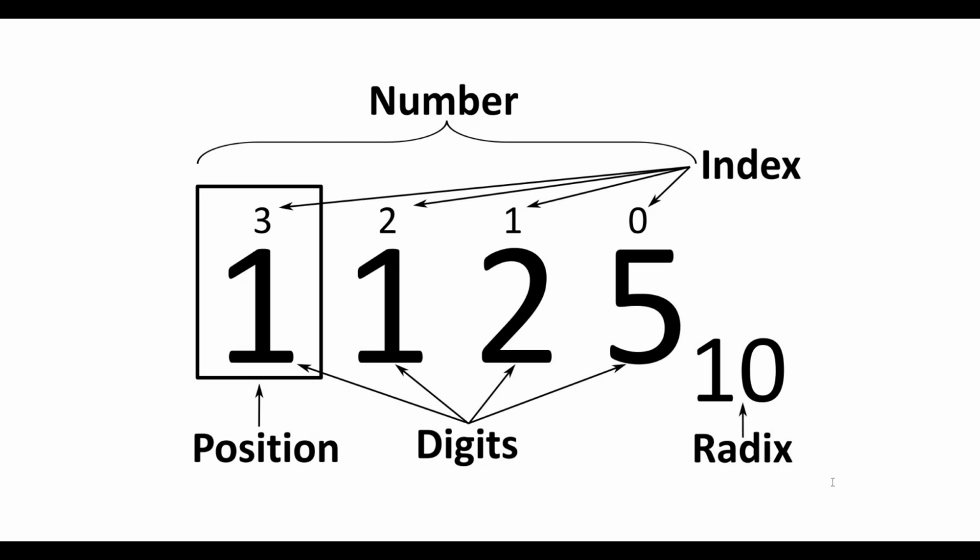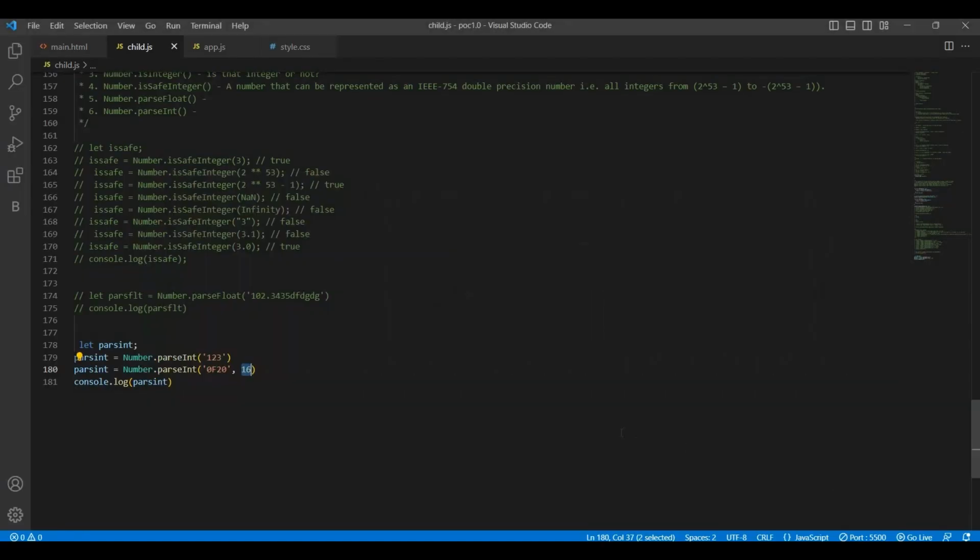We learnt all those things. Here those octal or decimal or hexadecimal numbers we are passing as a parameter, as a radix. Why do we need to use it here?